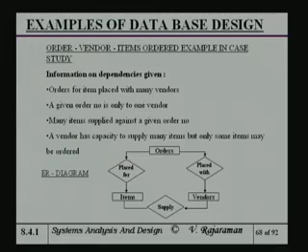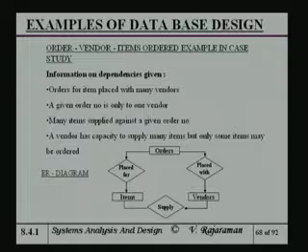Okay. Let me take some more examples of database design. The reason I am going to take some examples is to reiterate the things which I learnt and to apply our ideas to some examples. Okay.